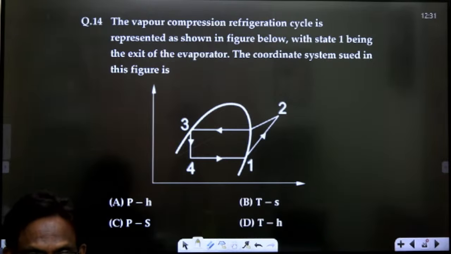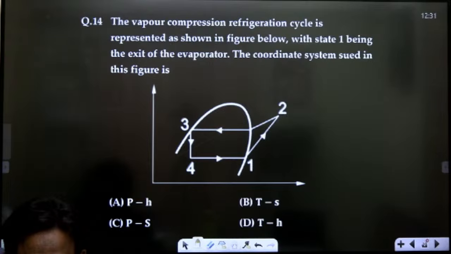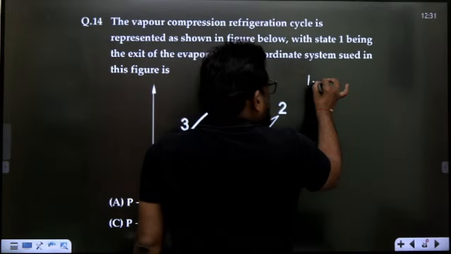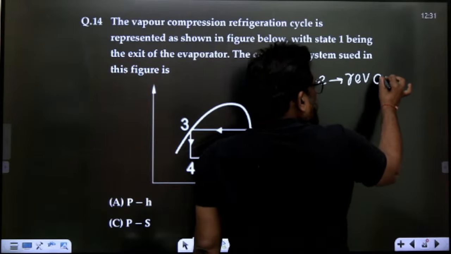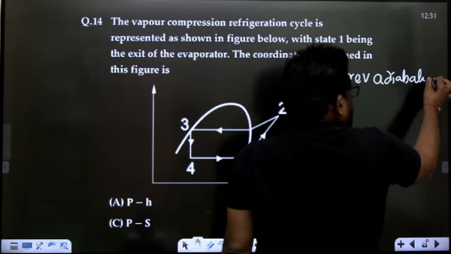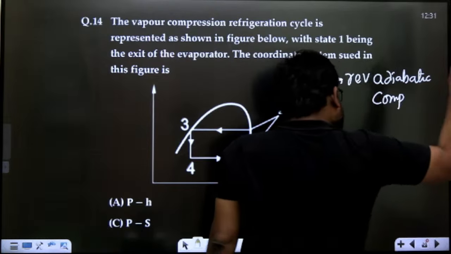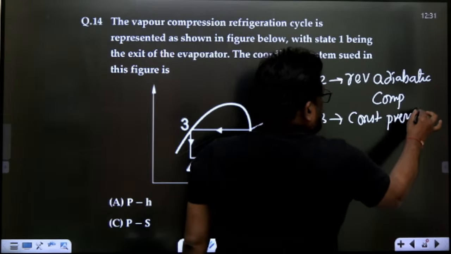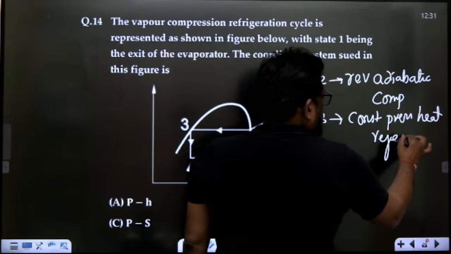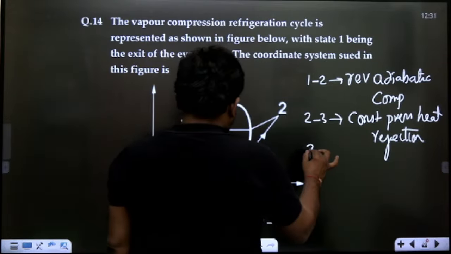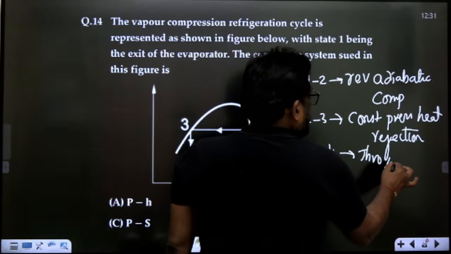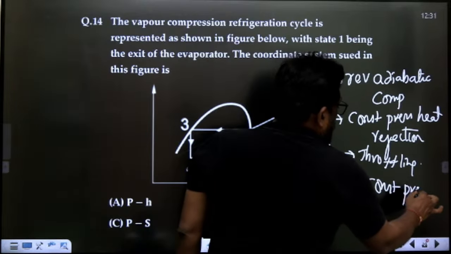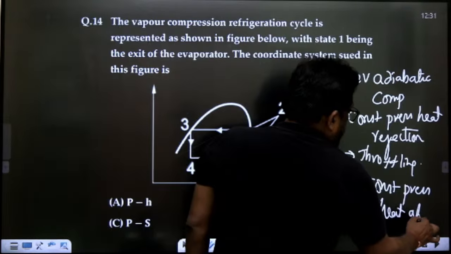This means the concepts are not running that strong. I will tell you, sir, look once. What is 1 to 2, sir? It is reversible adiabatic compression, and this occurs in the compressor. What is 2 to 3? It is constant pressure heat rejection, and 3 to 4 it is throttling, and 4 to 1 constant pressure heat absorption.